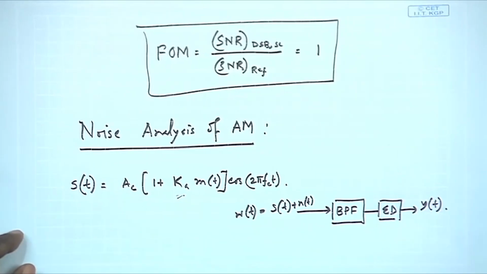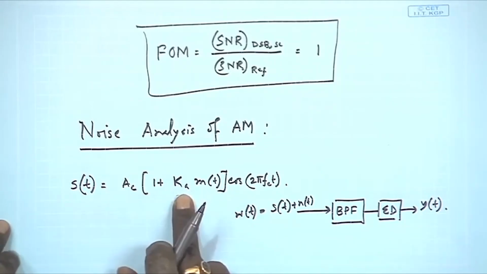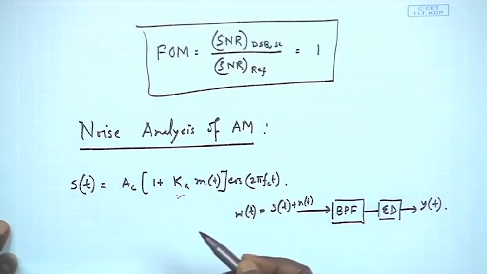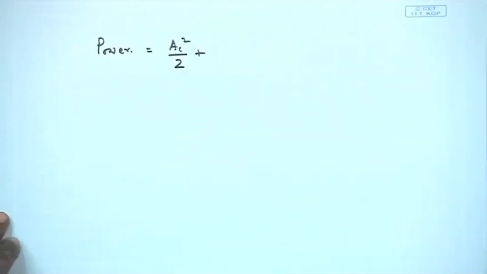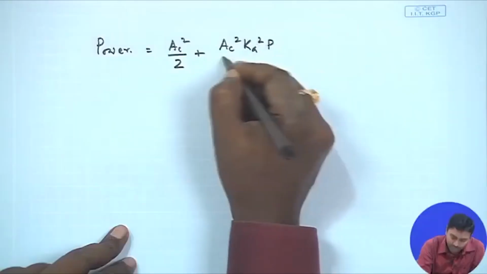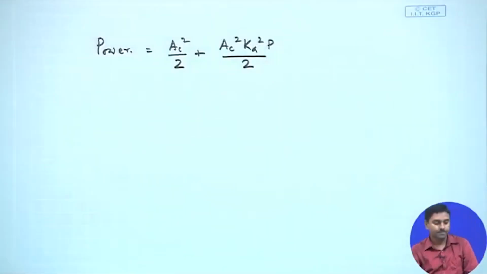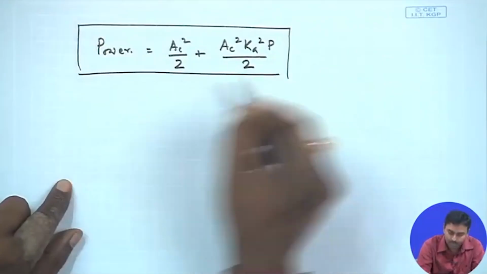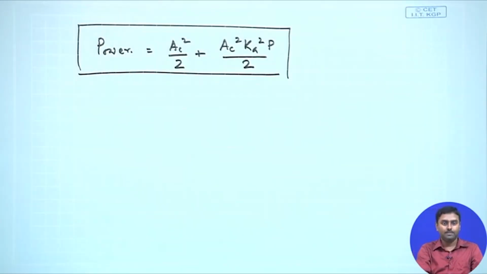So, earlier also we had done this with C into Ac, so instead of C it is Ka. So, that must be Ac square into Ka square, and this m(t), if that has a power of P, then because it is multiplied by cos, it should be P by 2. So, I can write it as Ac square Ka square P divided by 2. This is the power, if I modulate, that will be launched.